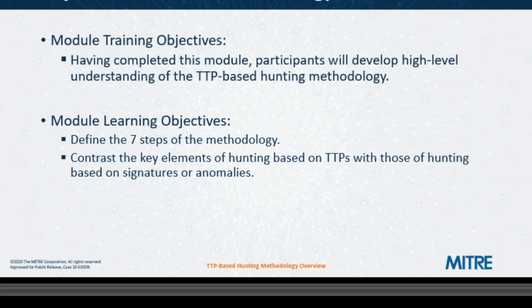In this particular module, we'll be giving an overview of the methodology and some background information. And by the end, you should be able to define the 7 steps of the methodology and contrast the key elements of this style of hunting based on TTPs with other styles of hunting based on profiles, signatures, or anomalies.